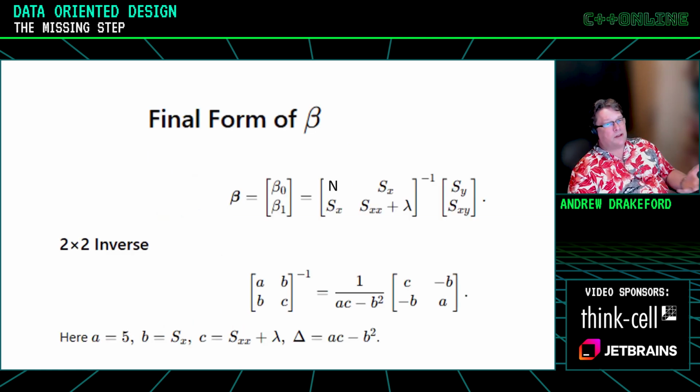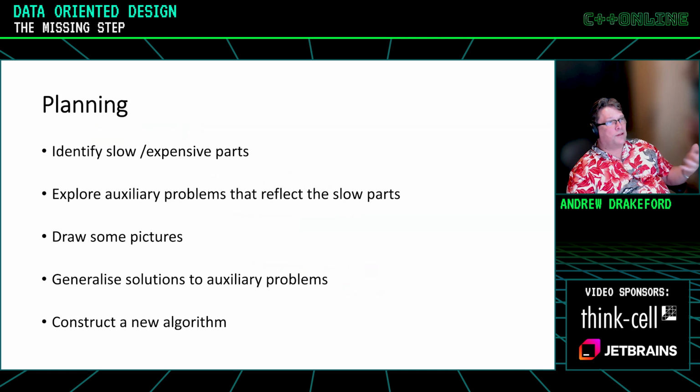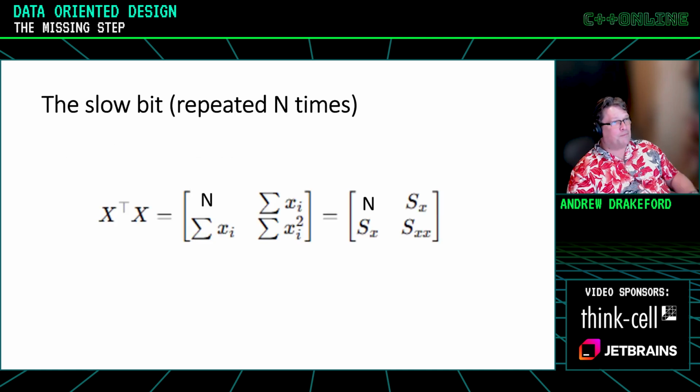Obviously, we've got this inverse thing. This is just very simple. And we have this explicit formulation. That's not a problem for us either. So the plan is we want to identify the slow parts, explore auxiliary problems, reflect on the slow parts, and maybe draw some pictures. I like drawing pictures, and solve some auxiliary problems. And then we'll end up with a fantastic new algorithm and we'll all be very happy.